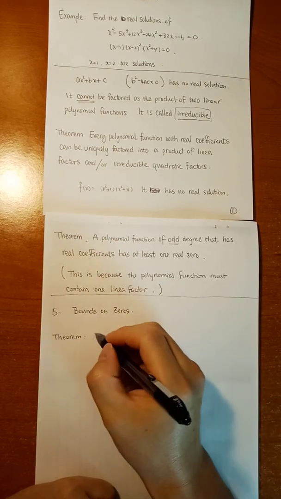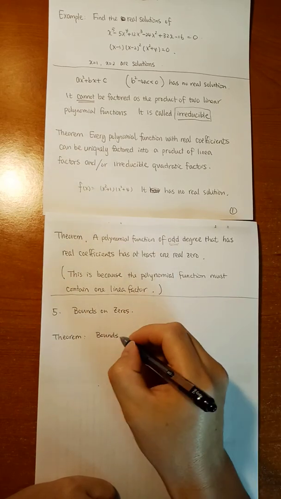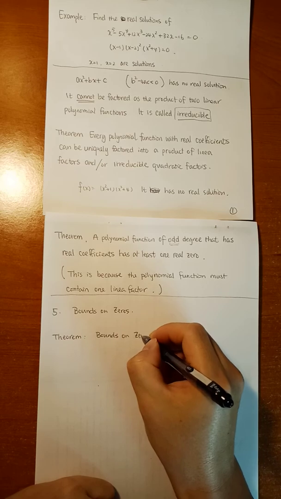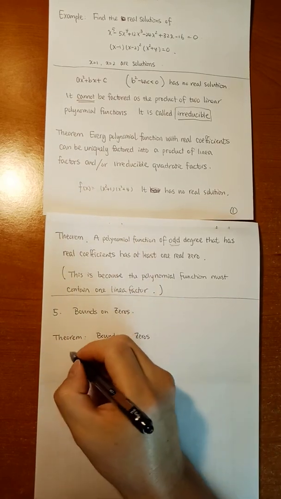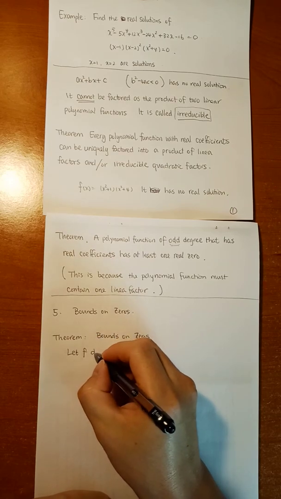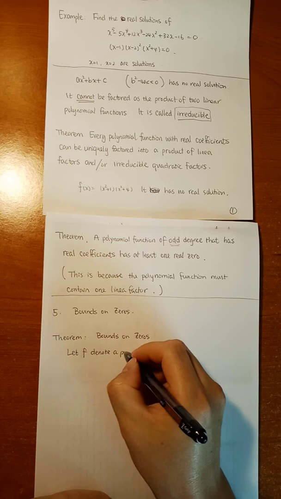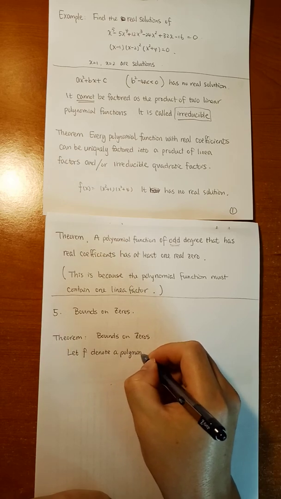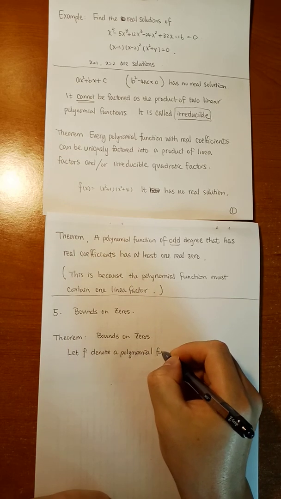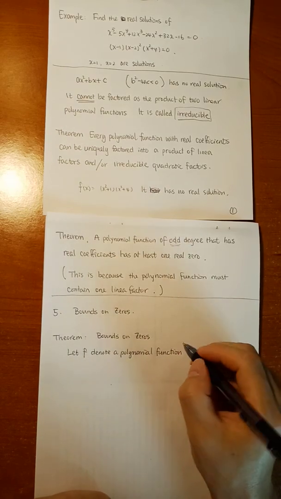The theorem is about the bounds on zeros. Let f denote a polynomial function whose leading coefficient is 1.